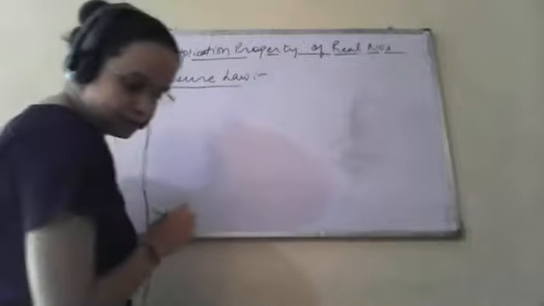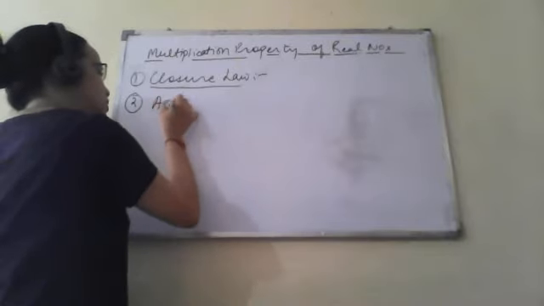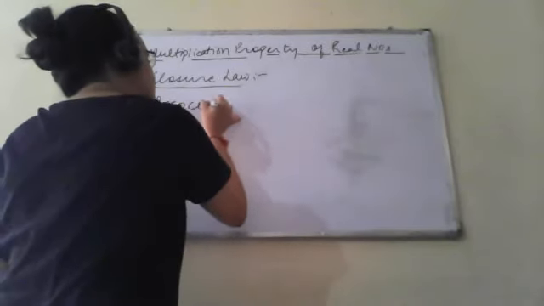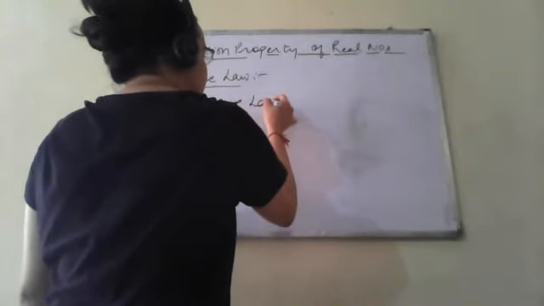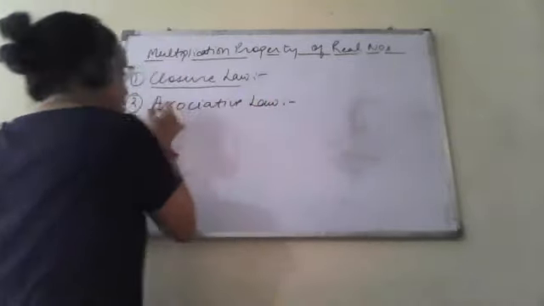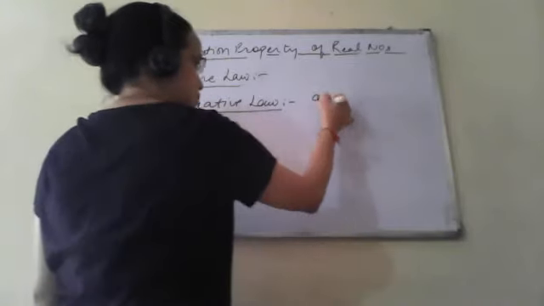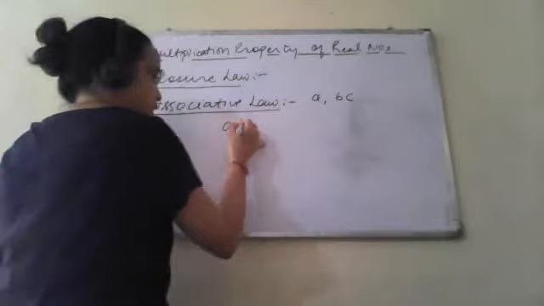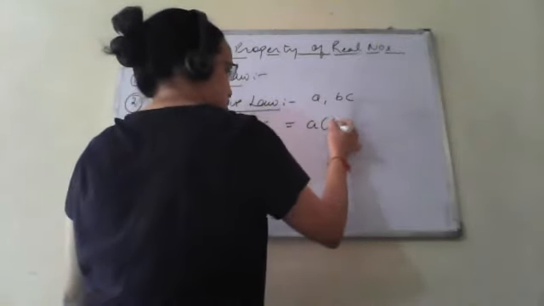Second is associative law. It was the same associative law. We can rearrange in any way. Associative law: if A, B, C are three real numbers, then A into B into C will be the same as A into B into C grouped differently.